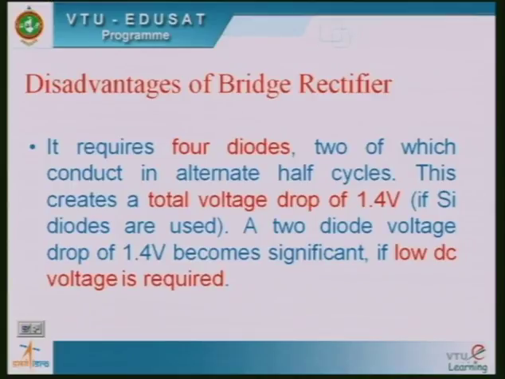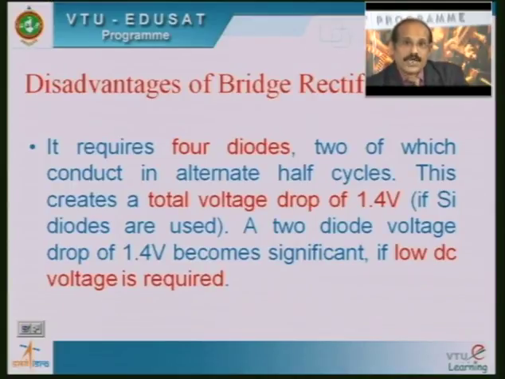It also has a disadvantage: it requires 4 diodes. At any instant of time 2 diodes will conduct. During the positive half cycle, as you have seen, diodes D1 and D2 conduct, whereas during the negative half cycle diodes D3 and D4 conduct.